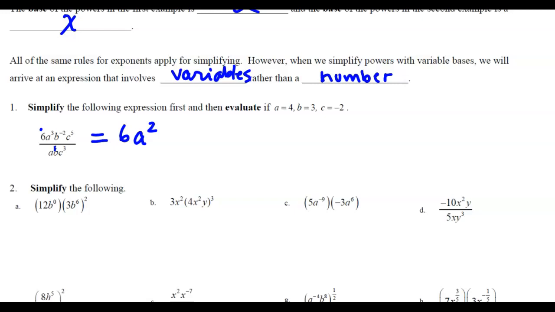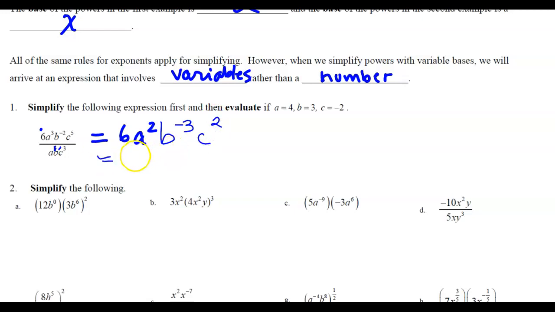So 3 minus 1 is 2. Then we look at b's. b doesn't have an exponent, so it's 1. And that would then be b to the negative 2 minus 1, which is negative 3. I'm going to just do that division right away and then deal with the negative exponents in a minute. And then dividing the c's, we've got c to the 5th divided by c cubed, so we subtract those exponents and get c squared.